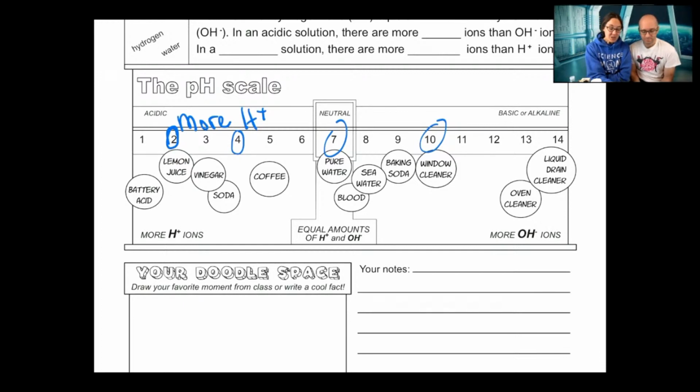And so liquid drain cleaner is way more dangerous than window cleaner because it is 10,000 times more concentrated than window cleaner. So even though those steps look like small steps, the scale is off. It's a logarithmic scale, and that means the gaps between those numbers are different than the one unit it looks like, and they're not all equally spaced the way they're drawn here.